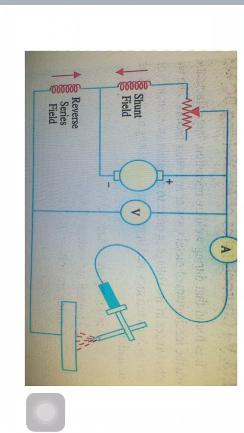If the gap changes, the current across the gap and the heat due to welding also change. And one more thing is, generally the sparking voltage lies between 60 to 80 volts. This is about our welding generator.